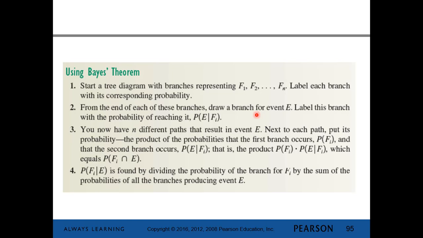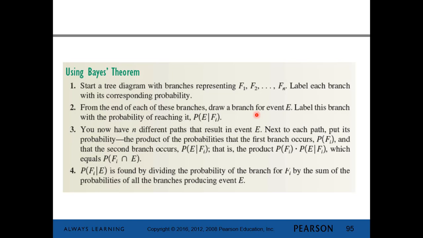And then from the end of each of these first-level branches, you draw a branch for the event E, and you label that branch with the probability of reaching it, which is going to be the conditional probability. Now you have n different pathways that will result in event E.